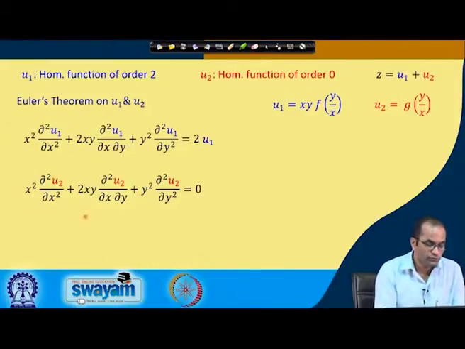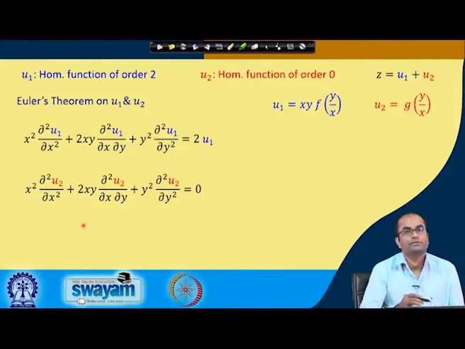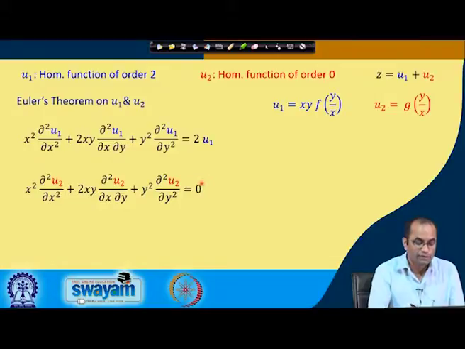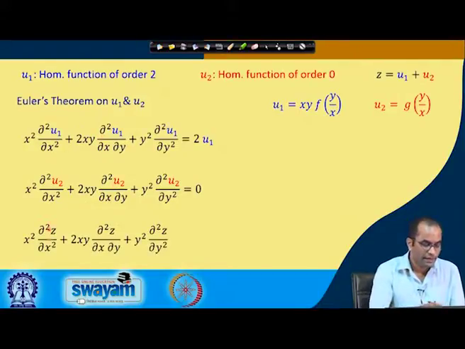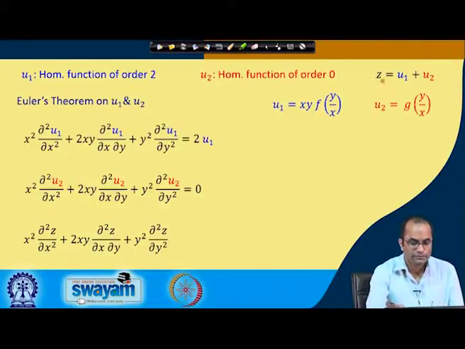And for u2, because that is a homogeneous function of order 0, the right hand side will be 0, because here it is n minus 1, and n is 0, the order is 0. So, this will become 0 there, and now we have these two expressions directly without computing these derivatives. We have used Euler's theorem, and we can add them because we want this result in terms of z = u1 + u2.